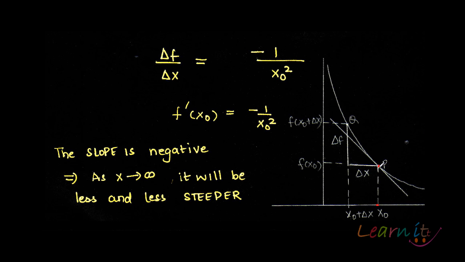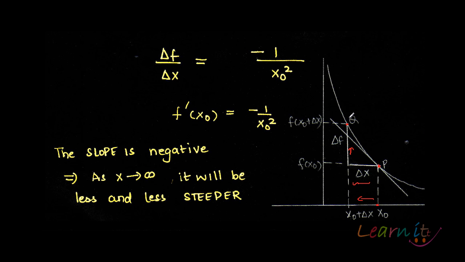So I plan to shift from P to Q and see the change in x. This will be my change in x. If I'm moving from P to Q, the x quantity decreases and the f quantity increases.